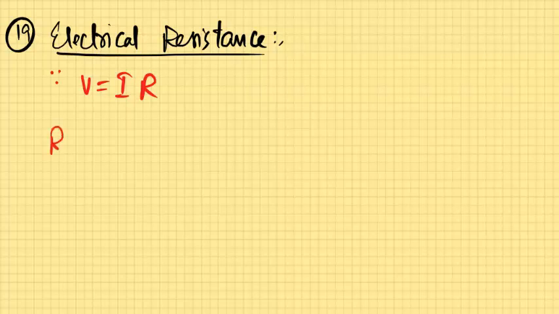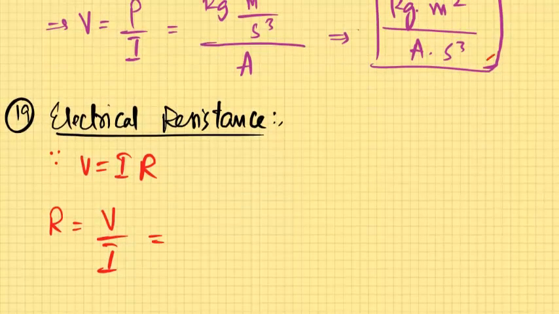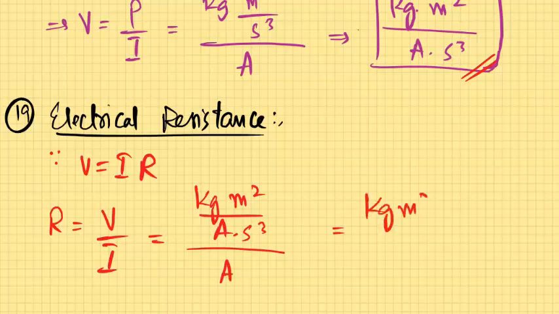So I can say R is V over I, which is voltage over current. We have just figured out the SI base unit of voltage, which is kilograms meter square per ampere per second power 3, and current is measured in amperes. So this gives kilograms meter square per ampere square per second power 3.